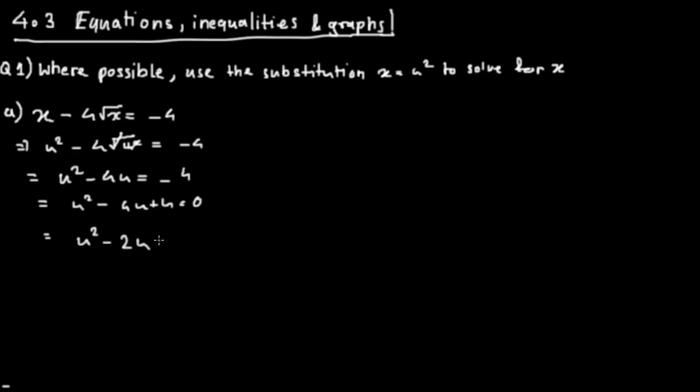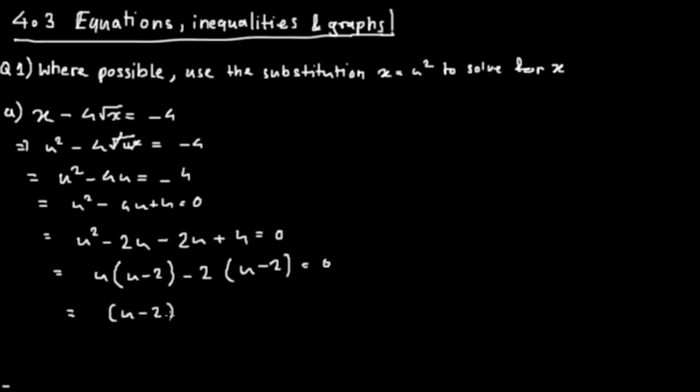So u squared minus 2u minus 2u plus 4 is equal to 0, right? So from here, you could write down u into u minus 2, minus 2 into u minus 2 equals 0, and this equals u minus 2 squared is equal to 0.